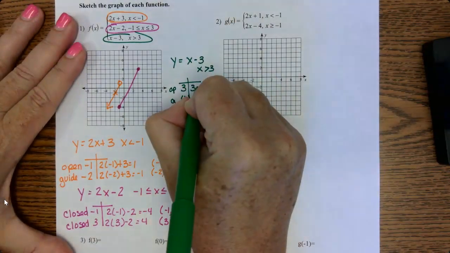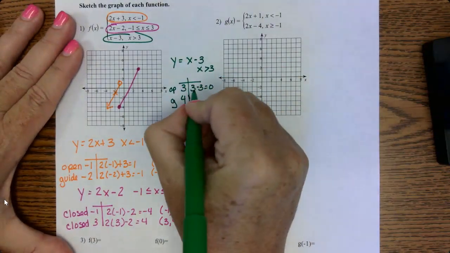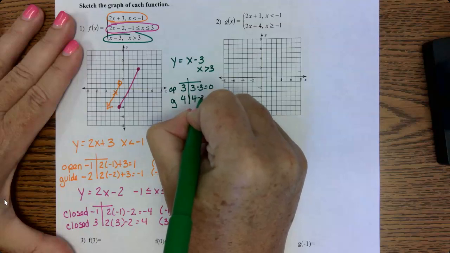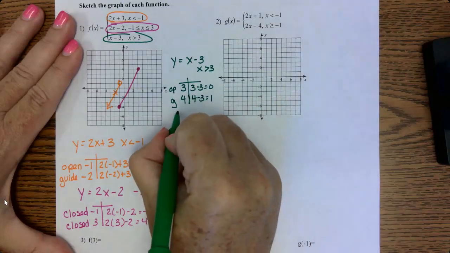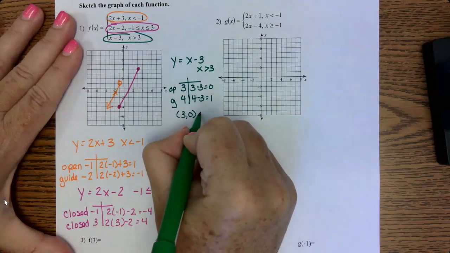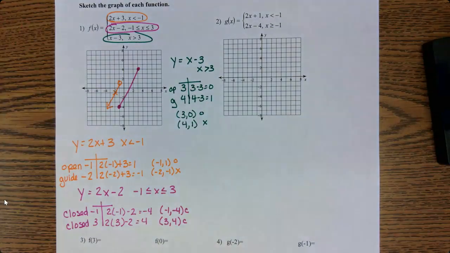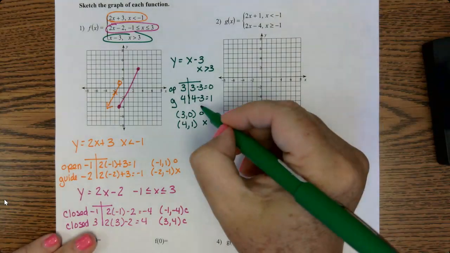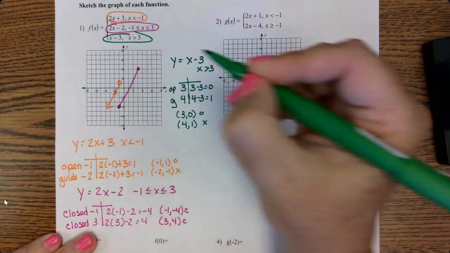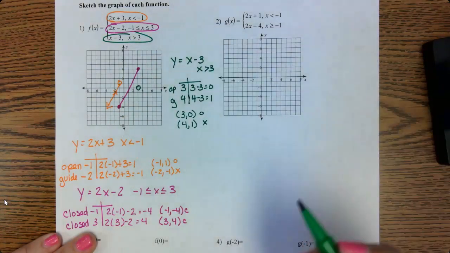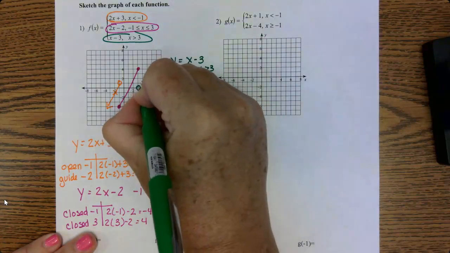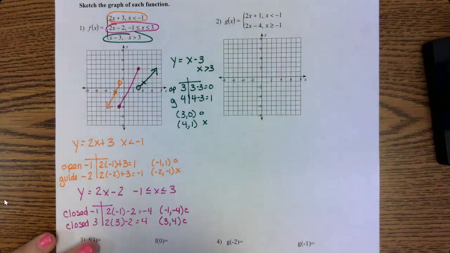So 3 minus 3 is 0, and 4 minus 3 is 1. So I'm going to have the point 3, 0, open, and 4, 1 as a guide. Okay. That seems a lot of fun.